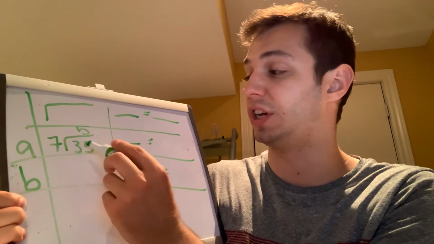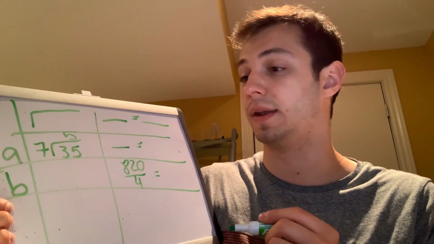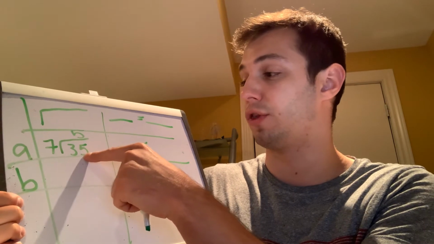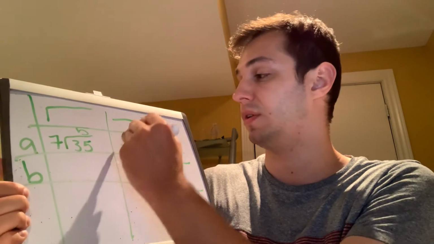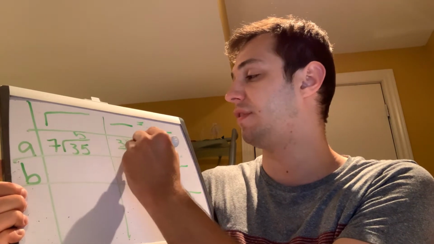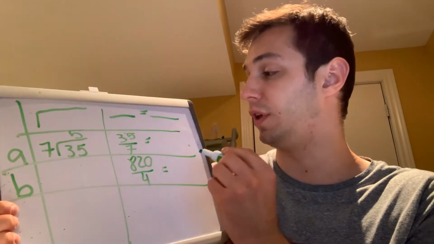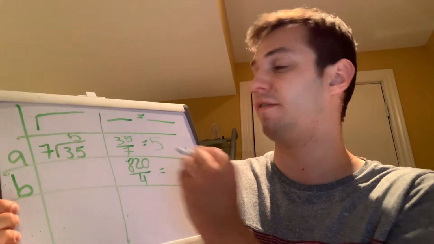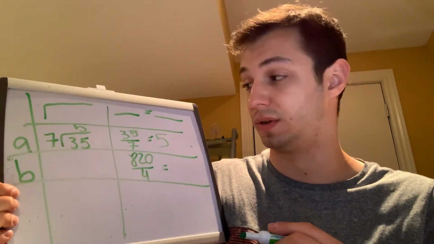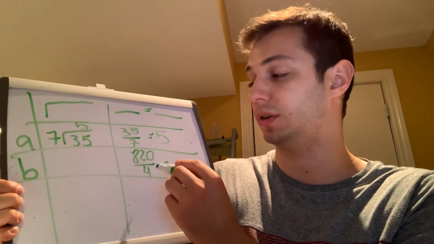So now I have to change this into a fraction with an answer. So once again, my fraction is 35 divided by 7. So I'll write that right over here. 35 divided by 7. And then I need to write the full equation equals 5. So that's my answer. For part B, I have my fraction.